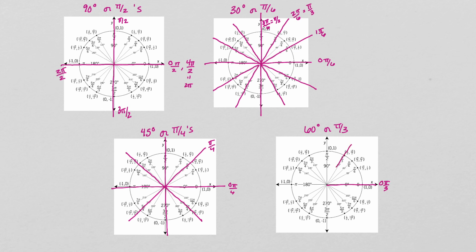And then I have this one here, so 1 pi over 3. Then this spoke, this is 2 pi over 3s. Then here we are at 3 pi over 3s, 4 pi over 3s, 5 pi over 3s, and then back to 6 pi over 3s. And so the pi over 3s, you can go around the same way.